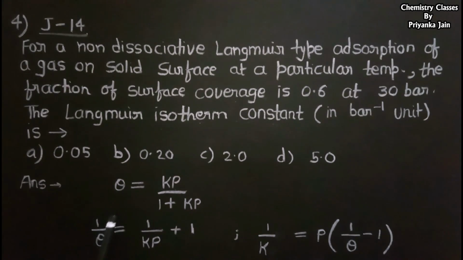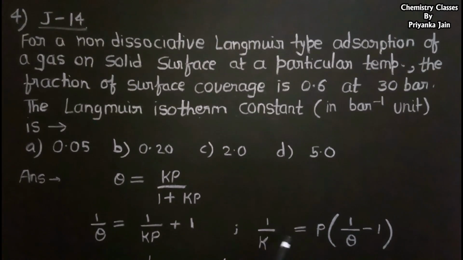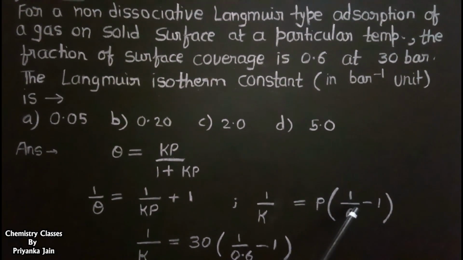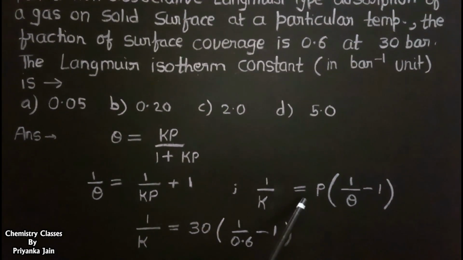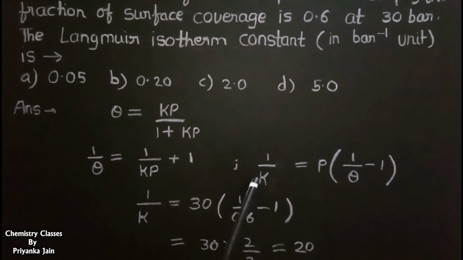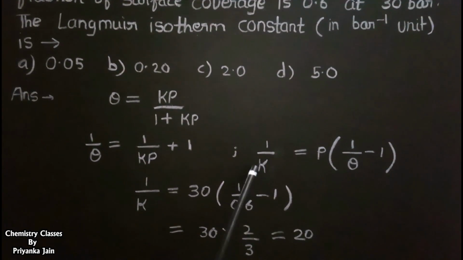So for this, firstly we will write 1 by theta. We will take the reciprocal of this equation, so that 1 by theta is equal to 1 upon Kp plus 1. Again we can write 1 upon K is equal to P times (1 by theta minus 1). Now in this equation, K is the term that we have to find out.